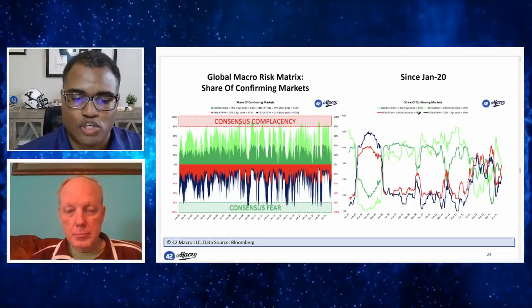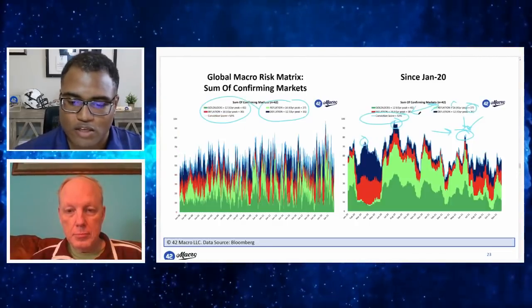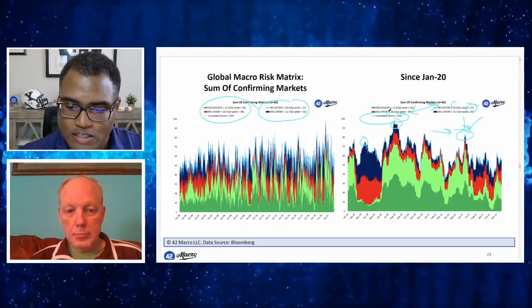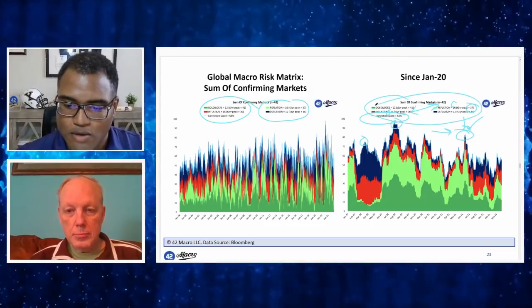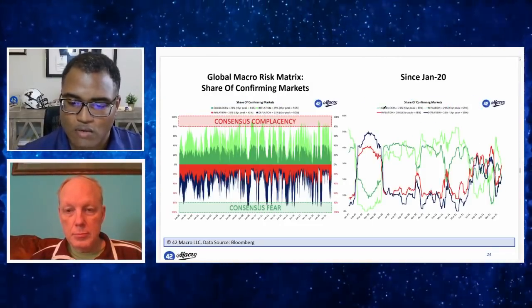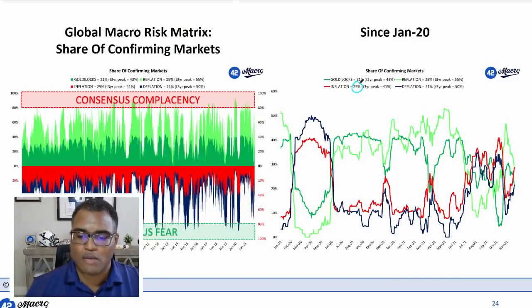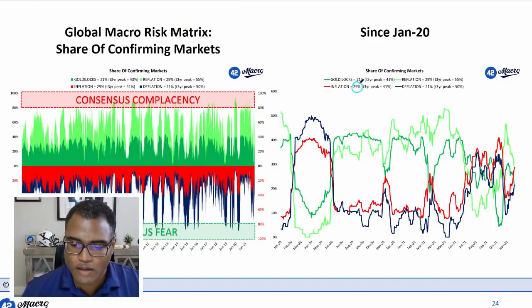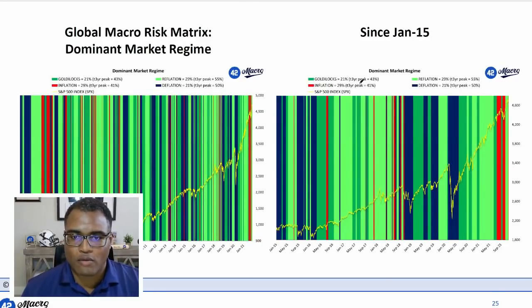And so we do that with the share of confirming markets. What that really is simply saying is, what's this 16 divided by the total sum? Whatever the total sum is, this 16 is telling you right now it's 29% of the total sum. And these percentages are very relevant because, as you can see, whenever something's at the top of the page, we denote it as the dominant market regime.